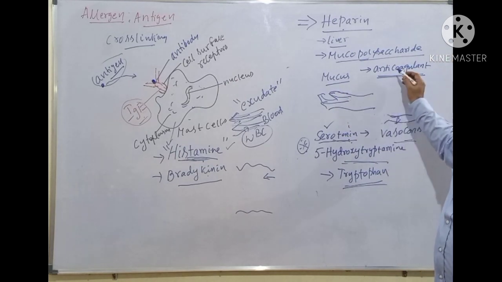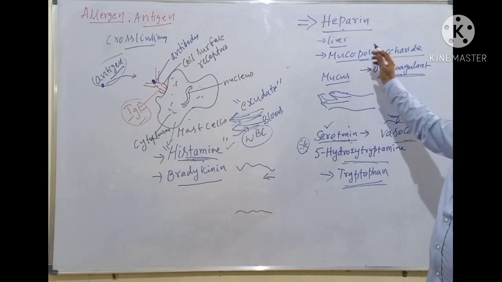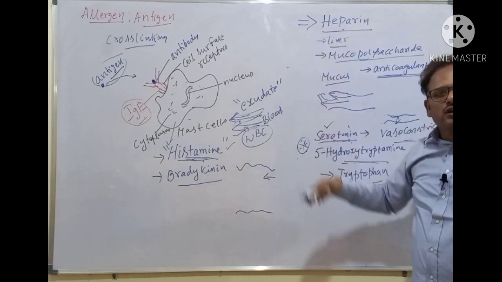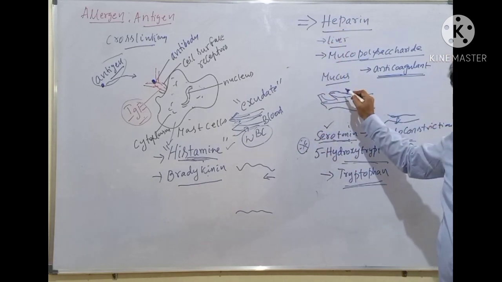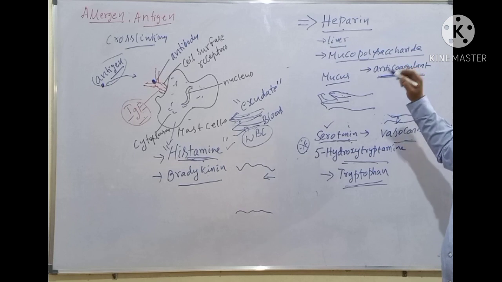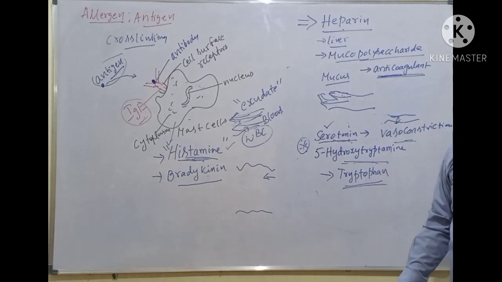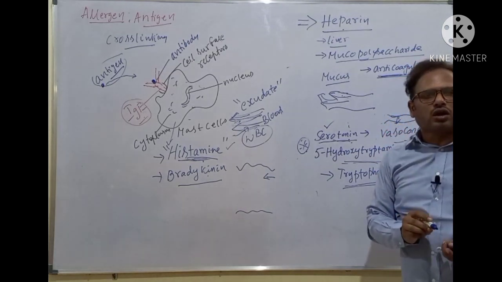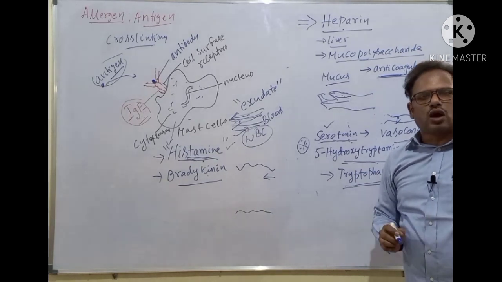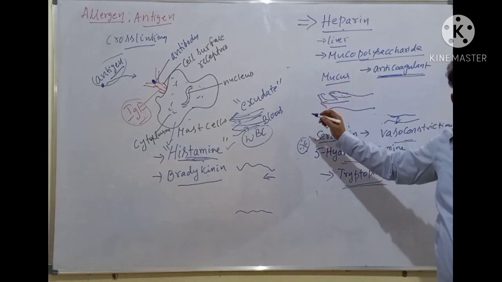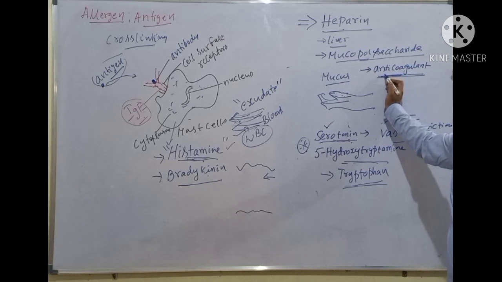And which one is doing this? That is an anticoagulant released here, called heparin. Heparin stops any clots or coagulants here. That's why it's called an anticoagulant. What is meant by intravascular anticoagulant? Intravascular means inside the blood vessel. It stops the coagulation or clotting.